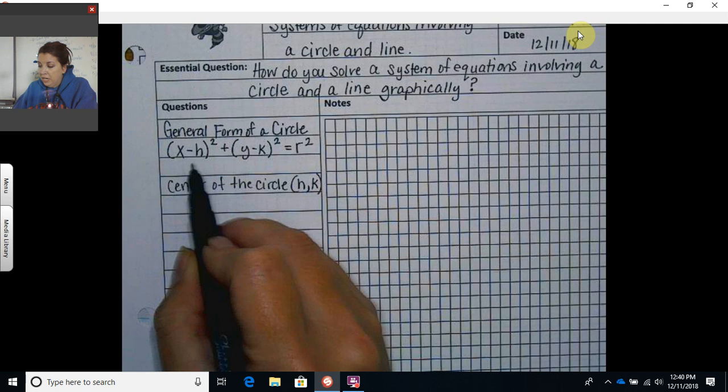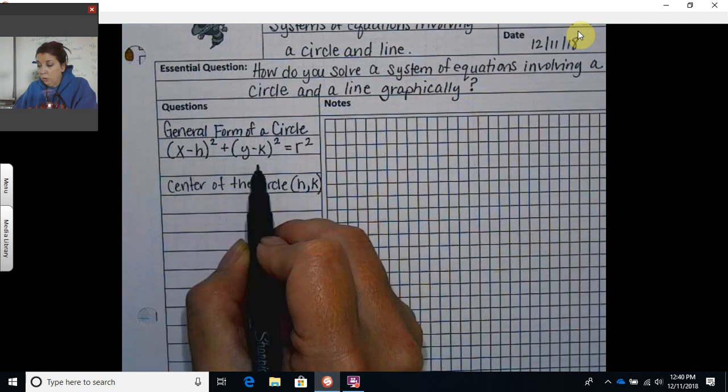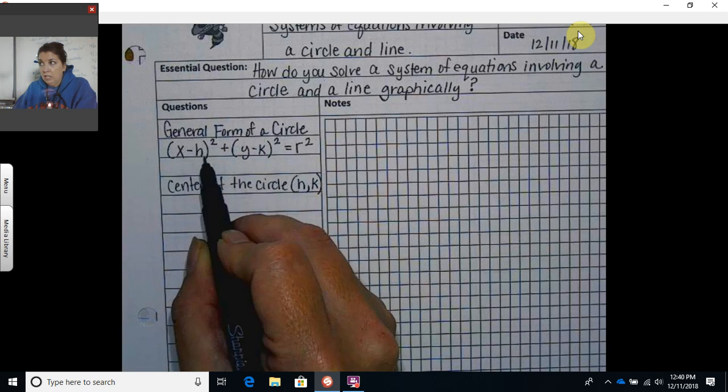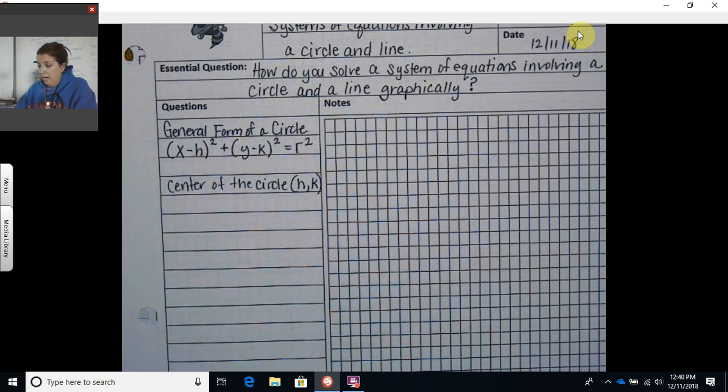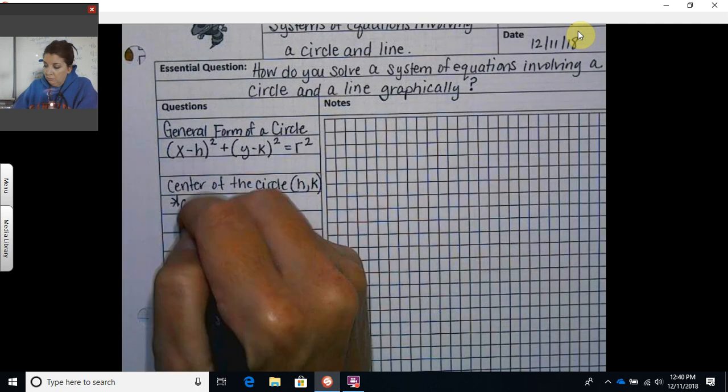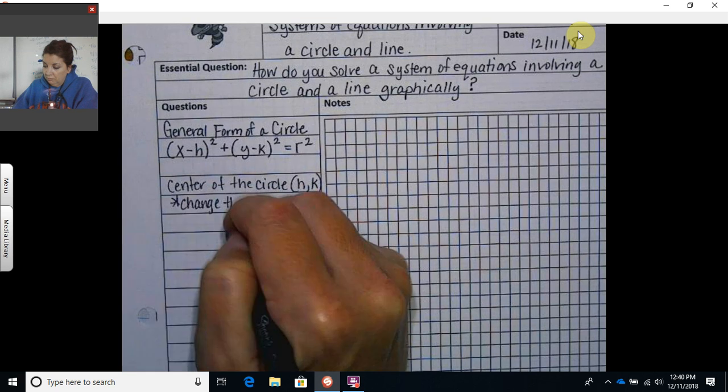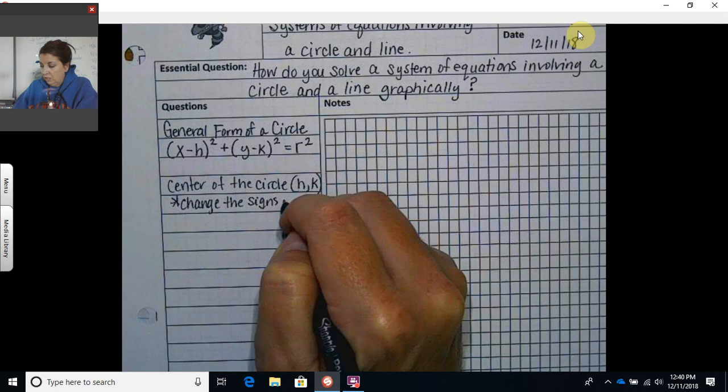Now notice in the formula it subtracts h and k. So if h started as 4, it's going to look like a minus 4 in the equation, right? If k started as 2, it's going to look like a minus 2 because it'll be y minus 2. So you've got to remember to change the signs. Put yourself a little note: change the signs of h and k.